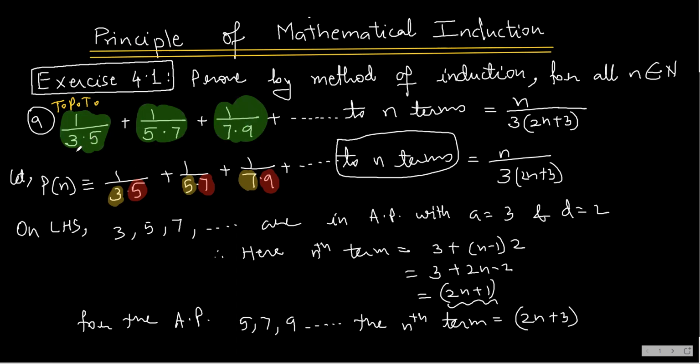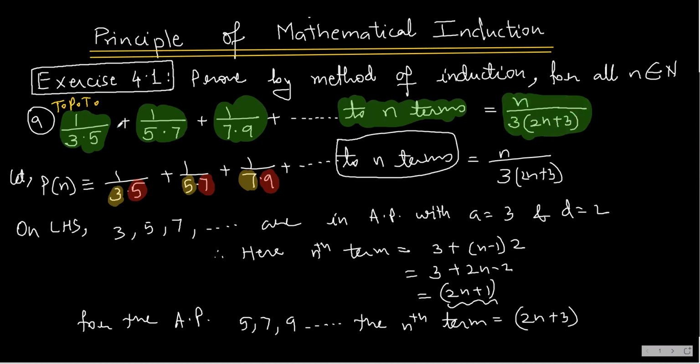You check this: 3 into 5, 5 into 7, 7 into 9. There is a pattern, and so on to n terms. The nth term is not given. If we keep adding terms like this till the nth term, the total sum would be n upon 3 into (2n plus 3). This would be the sum.